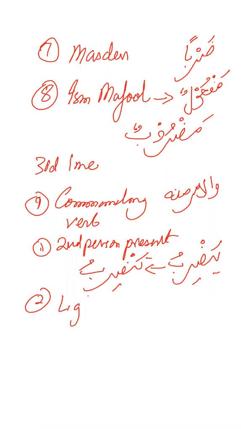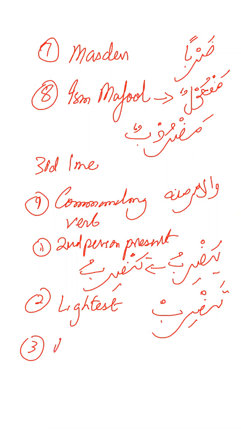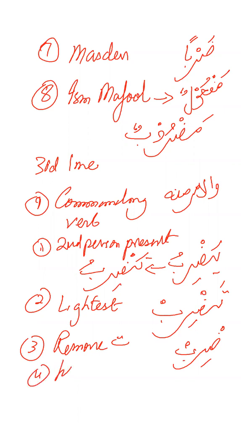We remove the ta, because we are commanding, not forbidding yet. Then add a helper alif because we can't start with a sukun. It comes with kasra, since the middle letter is not dhamma. So it will be idrib.